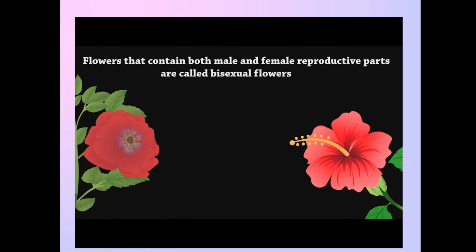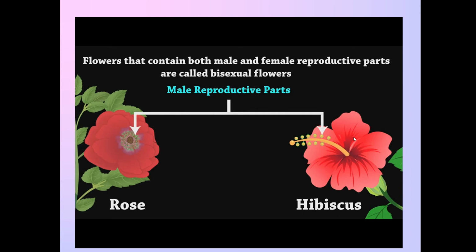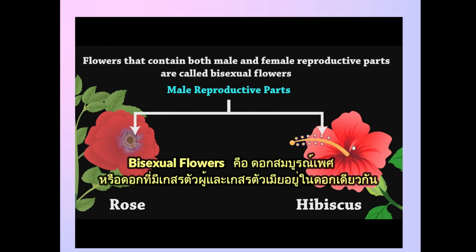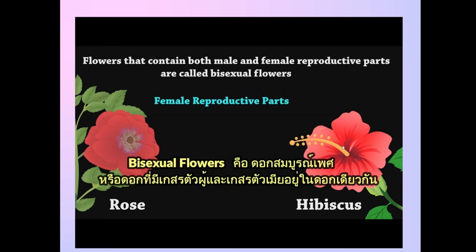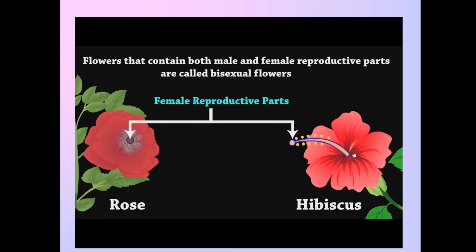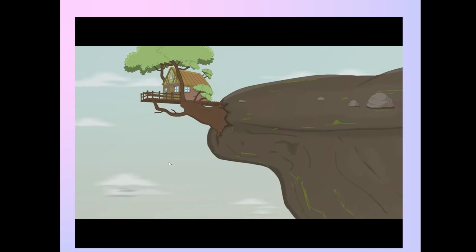Flowers that contain both male and female reproductive parts are called bisexual flowers. Hibiscus and rose are some examples of bisexual flowers.